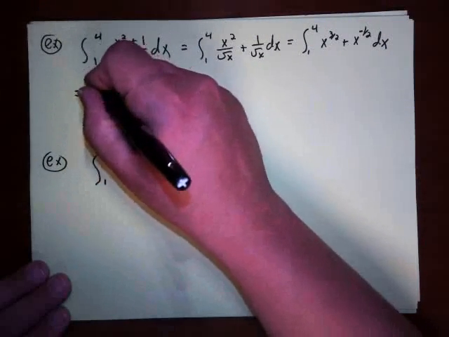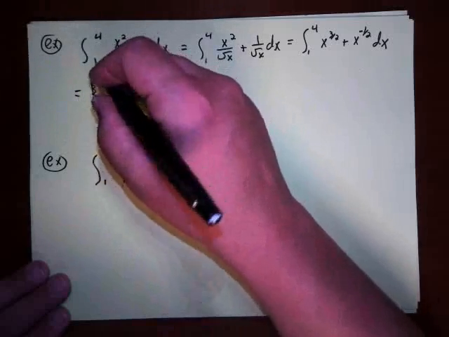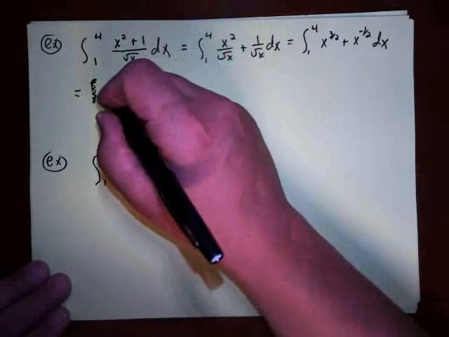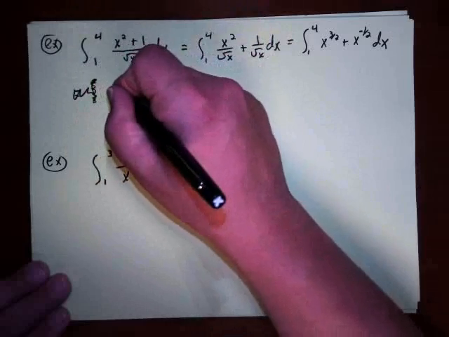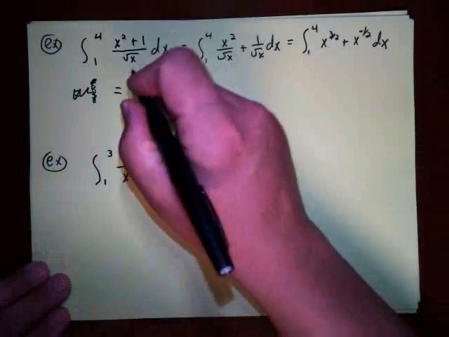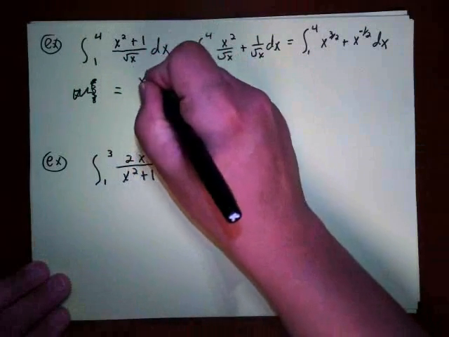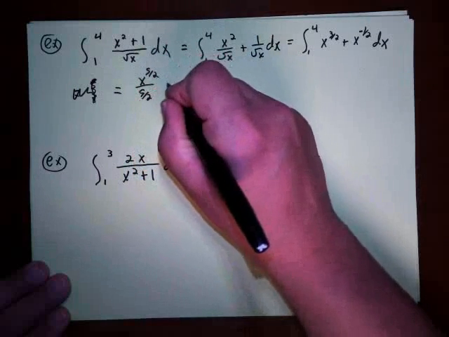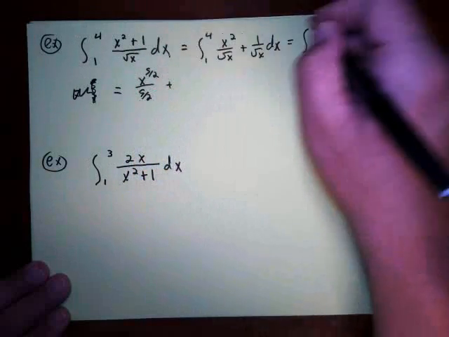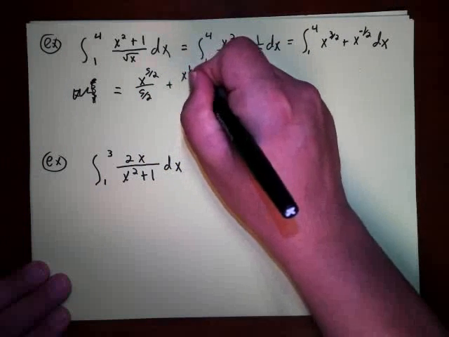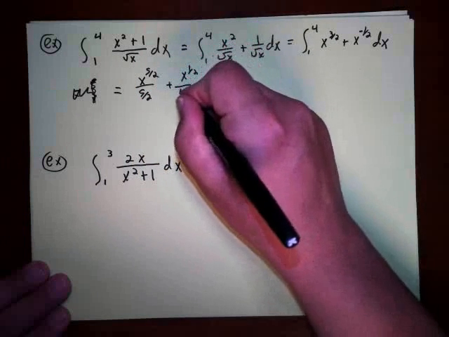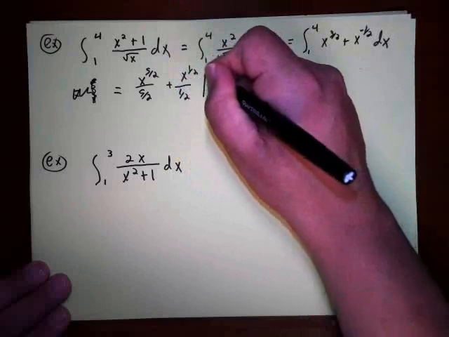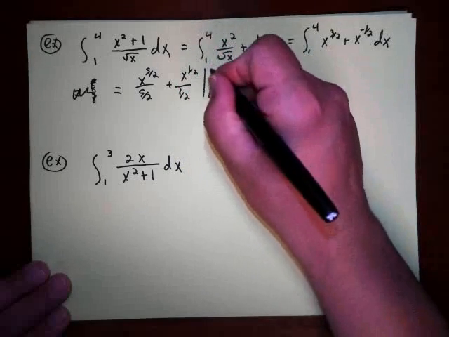So this is going to be x to the 5/2 over 5/2 plus x to the 1/2 over 1/2, and then I'm going to evaluate this from 1 to 4.